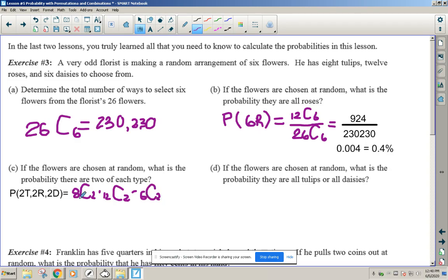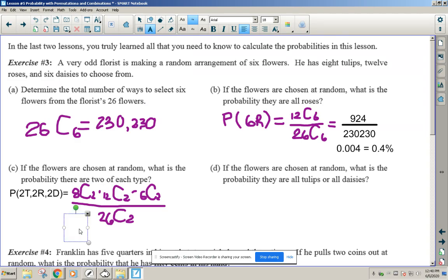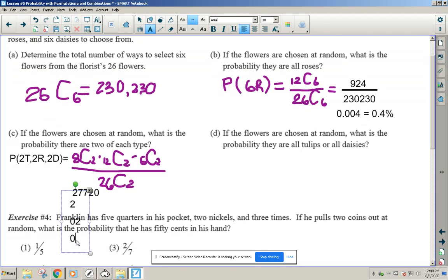So this is what we want, 2 of each, all over what we have, 26 choose 2. So again, type in each one at the top, take those 3 answers, multiply it, and if you did so, you should have gotten 27,720 out of your 230,230.